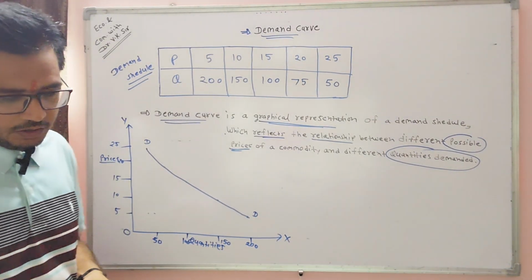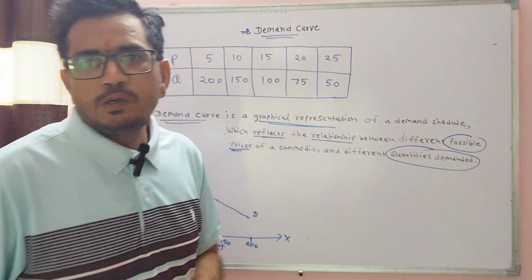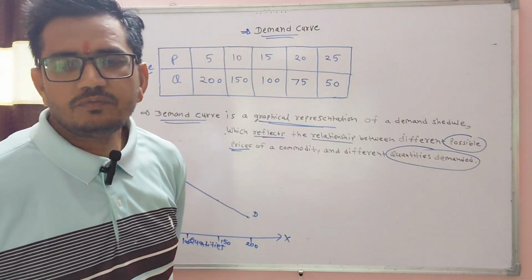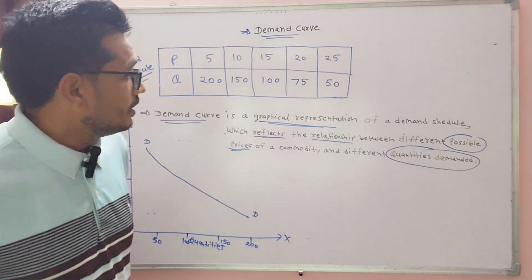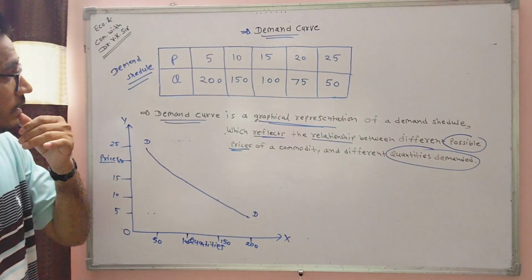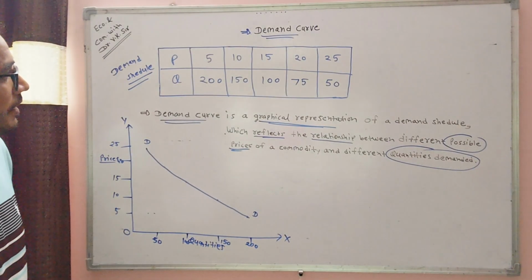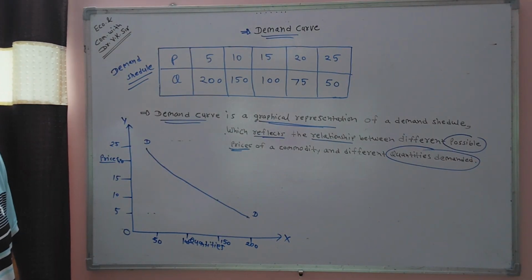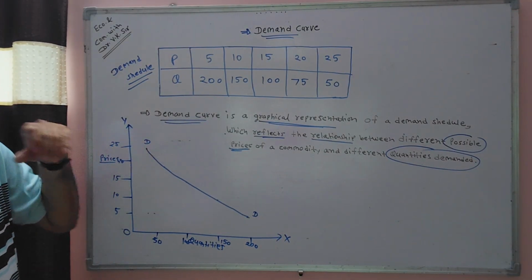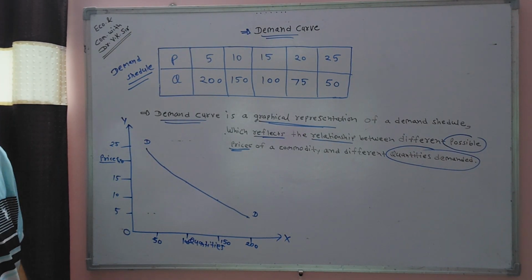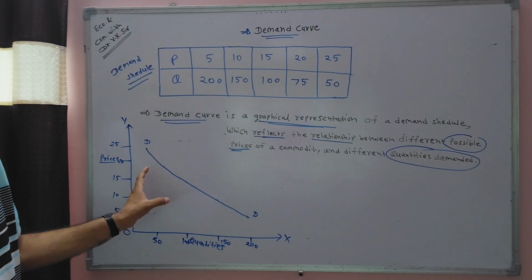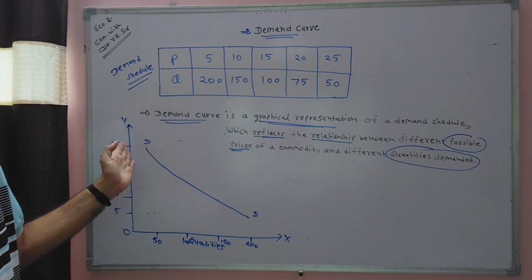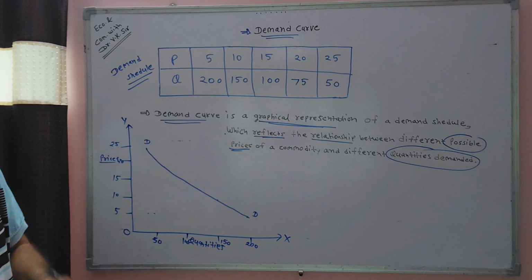So you will understand what is demand curve. I am repeating again, demand curve is a graphical representation of demand schedule. So there is a demand curve and its slope is downward.